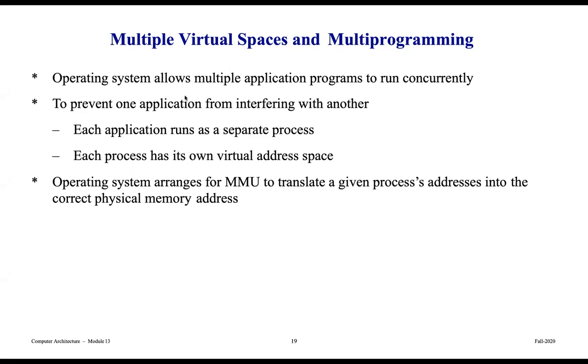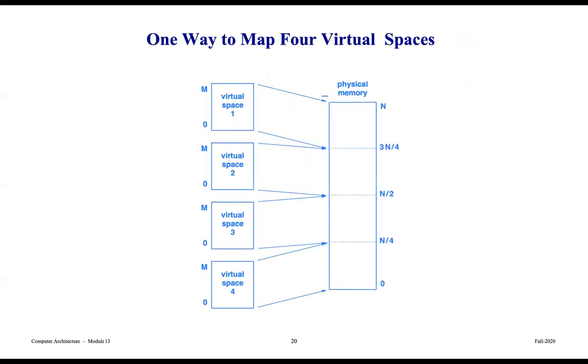To prevent one application from interfering with another, each application runs as a separate process. Each process has its own virtual address space that the operating system assigns it. The operating system arranges for the MMU to translate a given process address into the correct physical memory address. So here's an illustration of one way to map 4 virtual spaces.